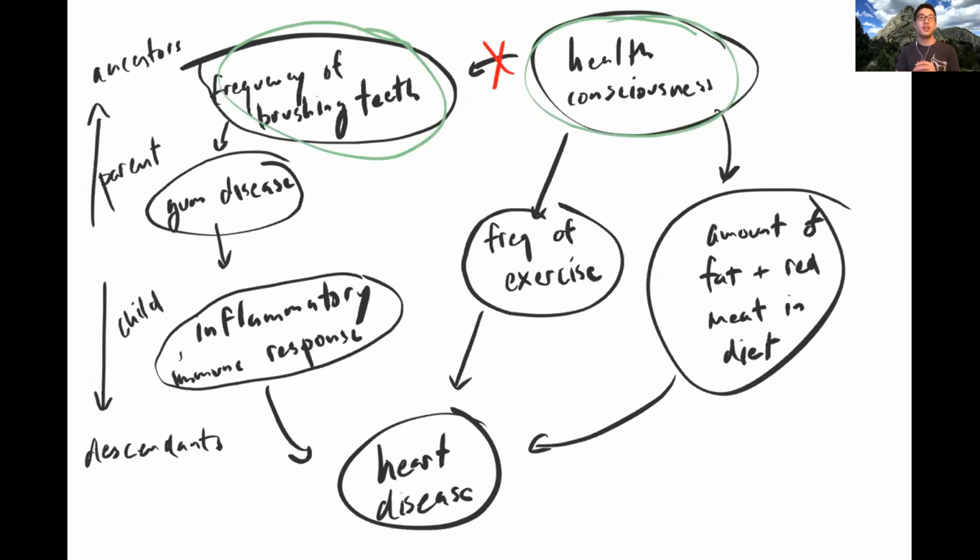So if you were, for example, able to observe twins who have the same diet and exercise and frequency of brushing their teeth, and everything else about their lifestyle is the same, and you can just change the frequency of brushing the teeth without changing the frequency of exercise or their diet, in this case, then you'd be able to re-observe the relationship between the teeth brushing and heart disease without it getting confounded by other parallel factors.